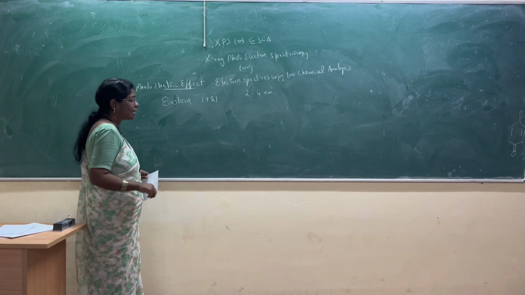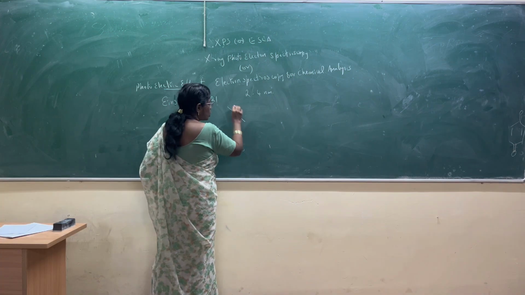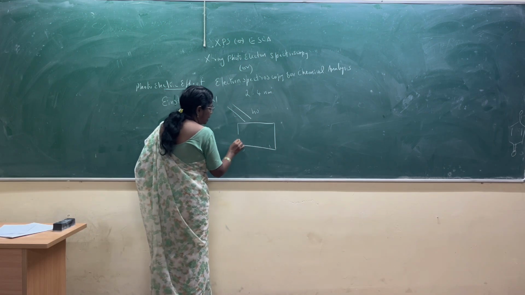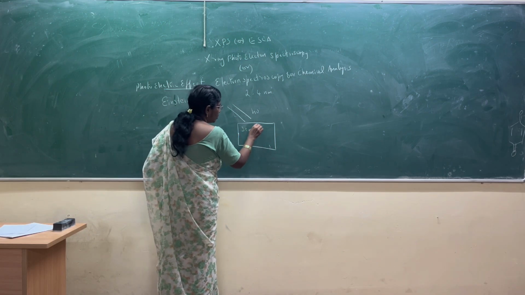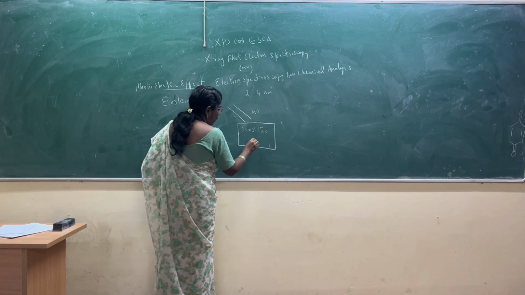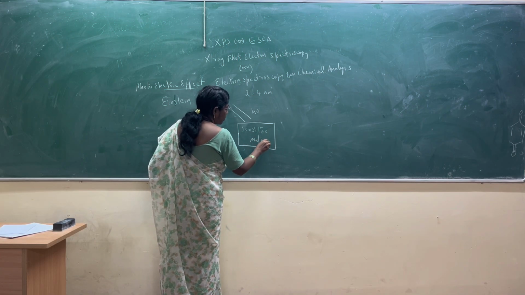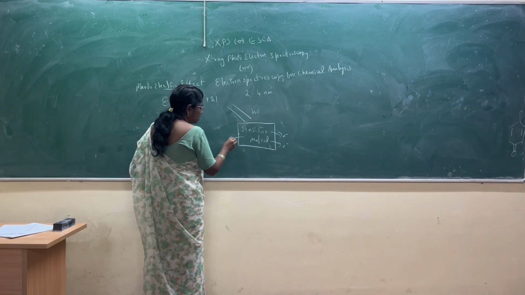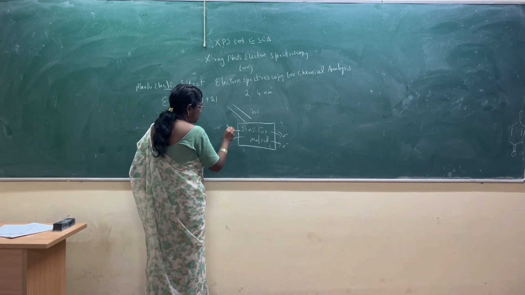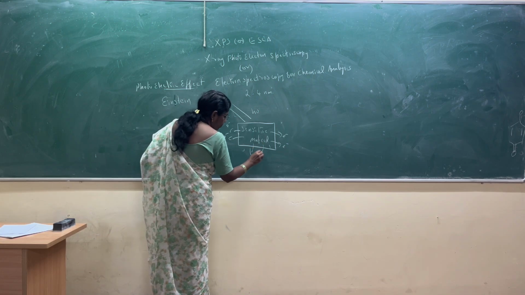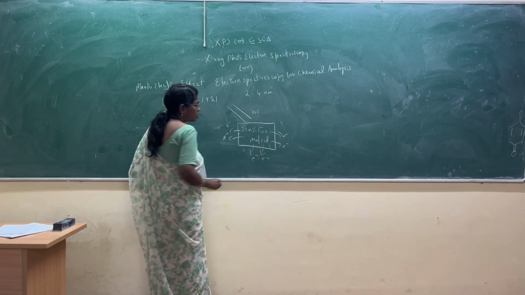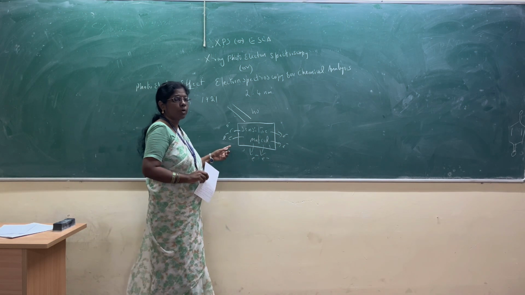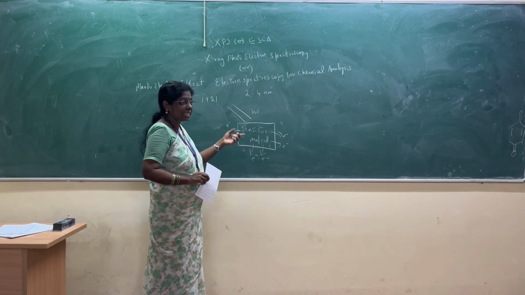So what is the photoelectric effect? When light falls on a sensitive material, electrons are released. This is called the photoelectric effect. Due to the production of electrons, electricity is generated.